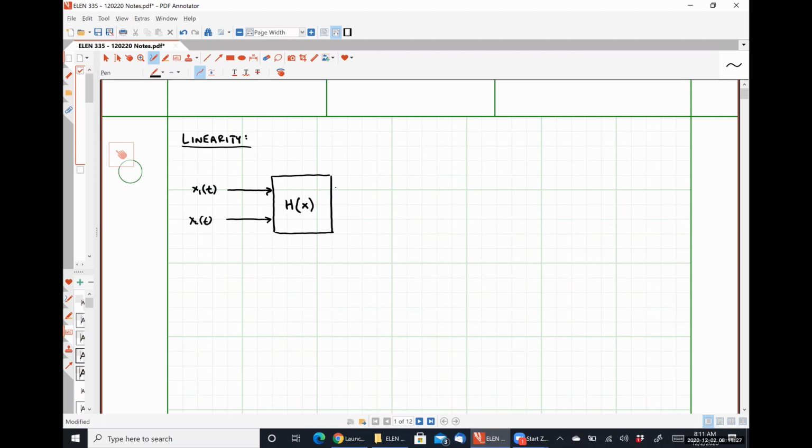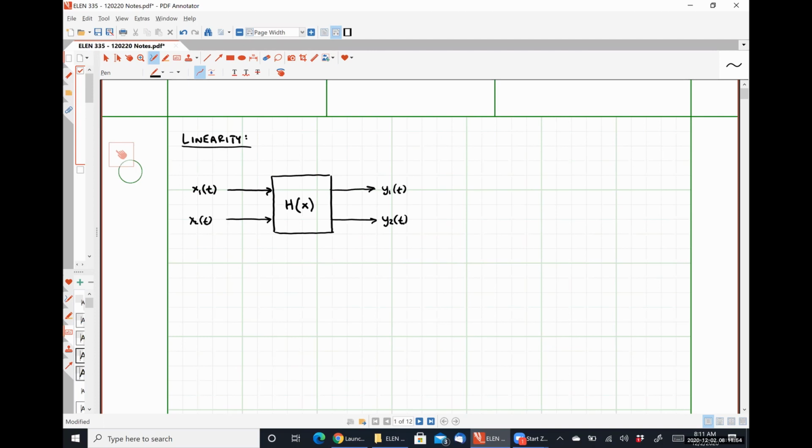And we're going to observe some output signals, y1 of t and y2 of t. So what this network is doing is acting on signal x1, which might be a voltage, and converting it to some output signal y1 of t, which might be a voltage or current.